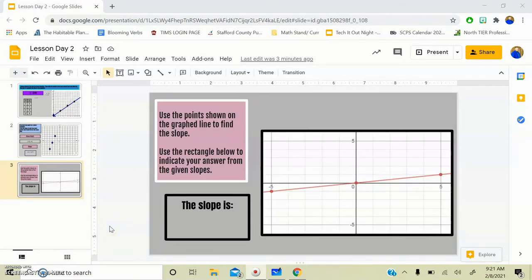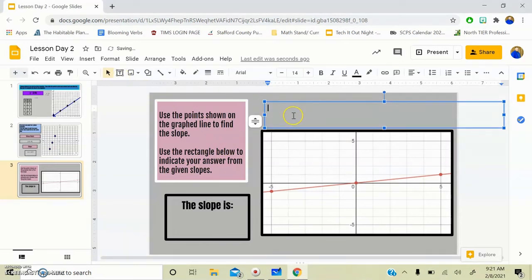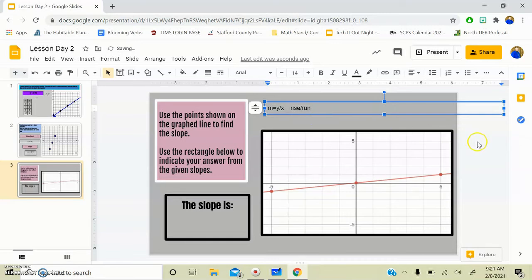Now we're going to take a look at a graph, and we're going to determine the slope. We're going to use that rise over run method. Remember, we're using m is equal to y over x, which is also going to be our rise over our run.